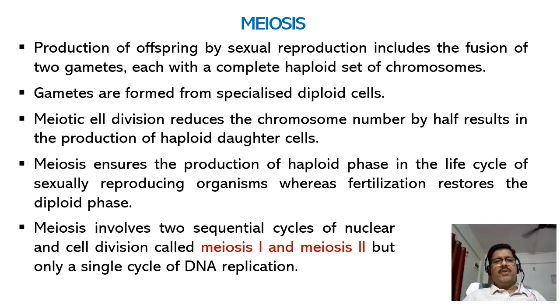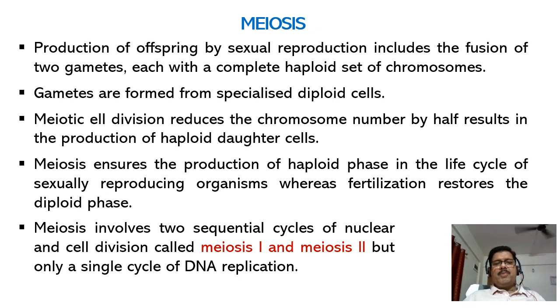This kind of division is called meiosis. Meiosis ensures the production of the haploid phase in the life cycle of sexually reproducing organisms, whereas fertilization restores the diploid phase.